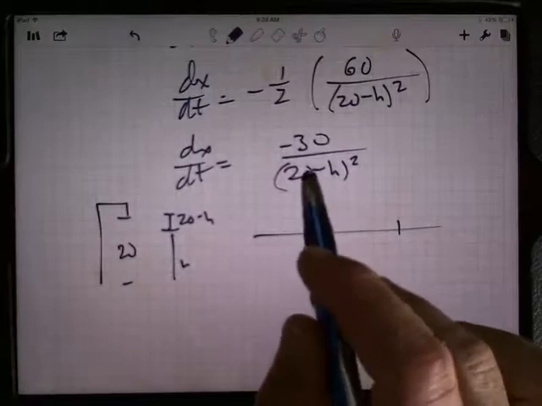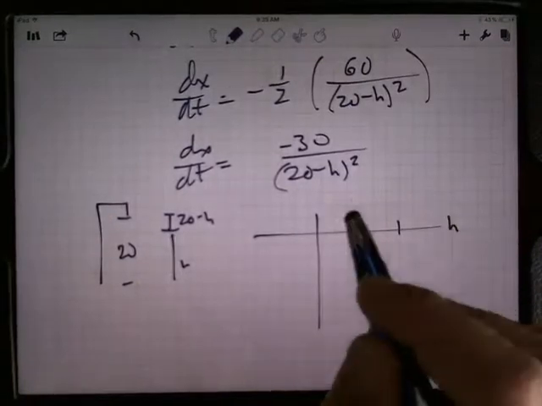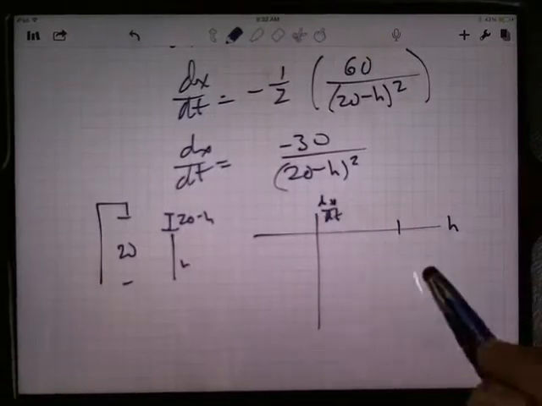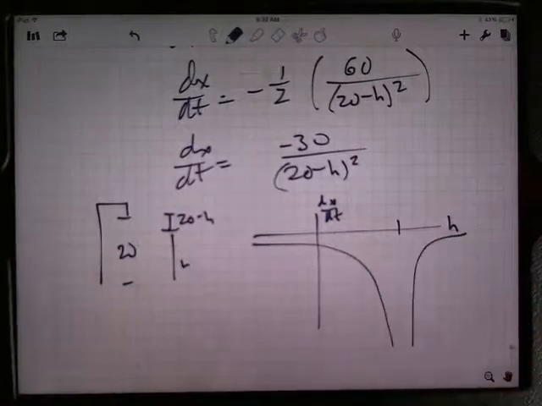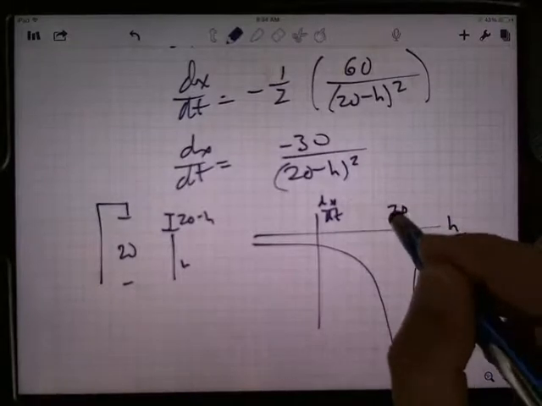But the graph of this is now h versus dx/dt. There's a vertical asymptote at h equals 20.